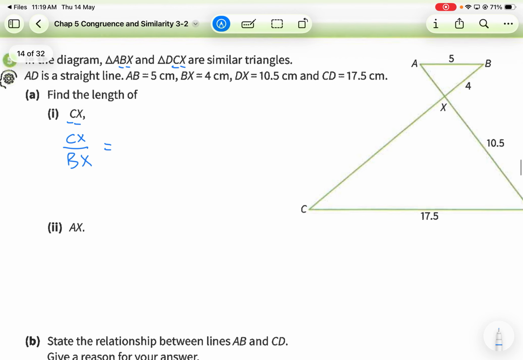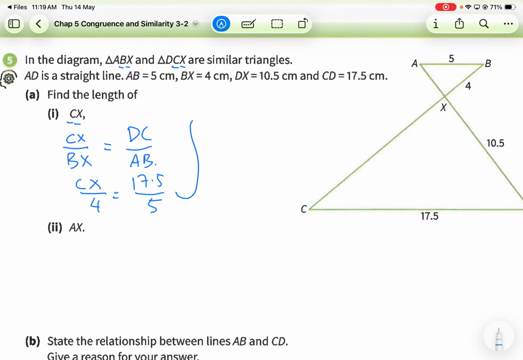Okay? So when I take DC over AB, it will give me the same scale factor. Then when I put in all the values that I know, CX I don't know, BX is 4, DC is 17.5, AB is 5.